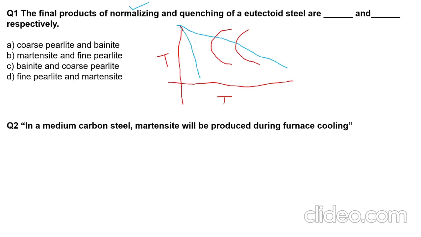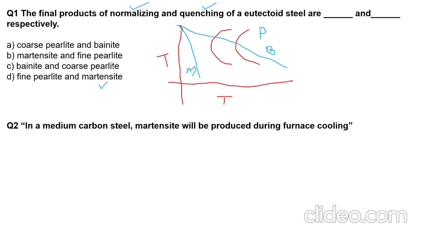Okay, so you have two different structures. You understand that in quenching, you are trying to bypass other microstructures such as pearlite or bainite. Instead, you are getting martensite because of your fast cooling rate. So for quenching, the right option will be martensite.